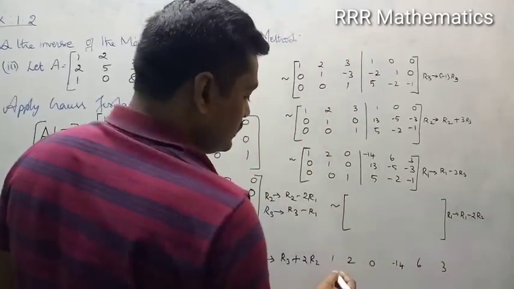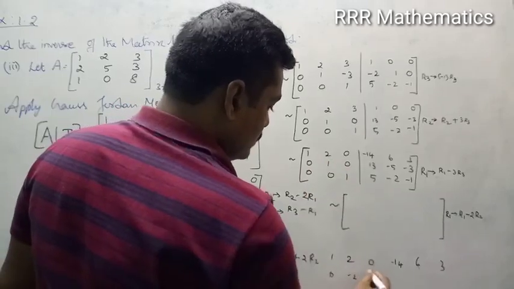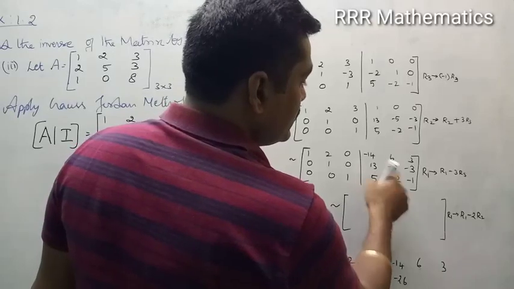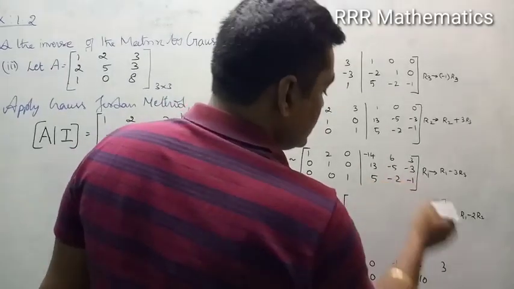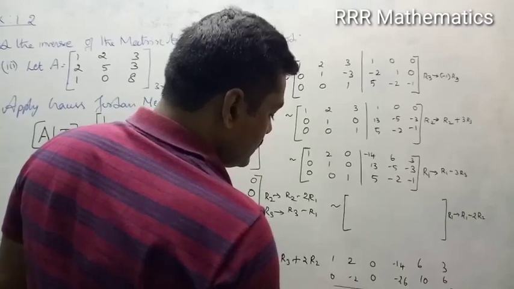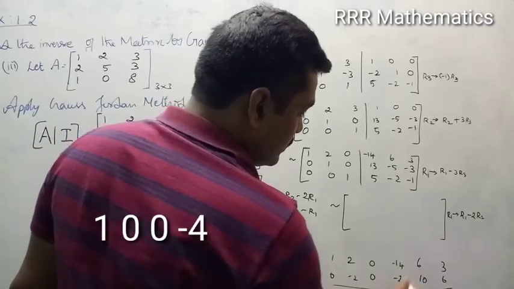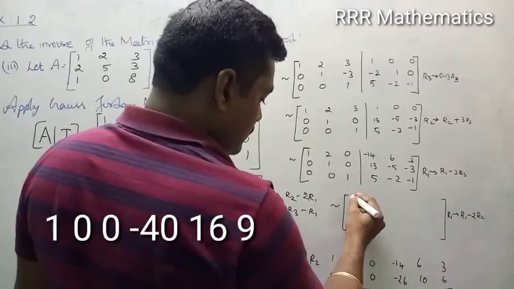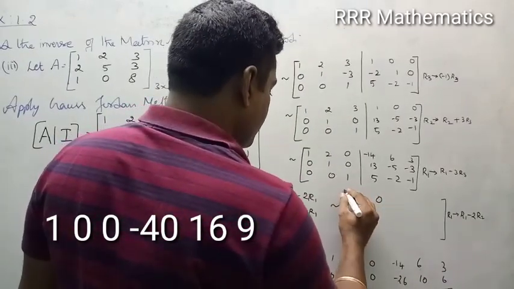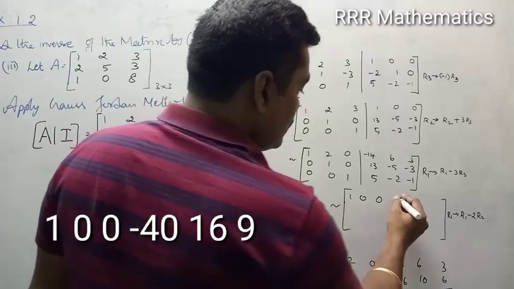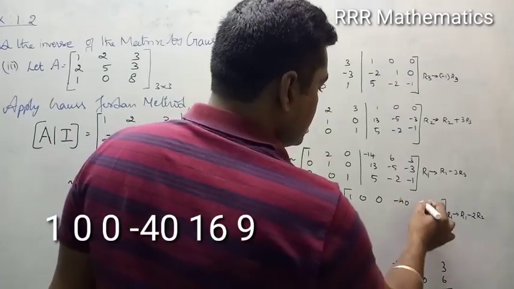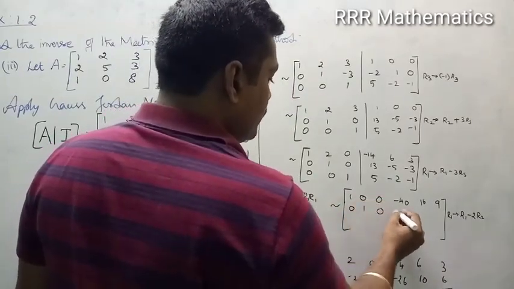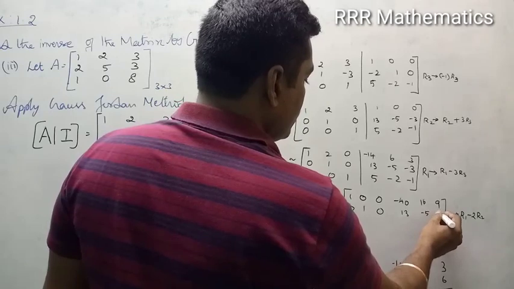Minus 2 times R2: 0, minus 2, 0, minus 2 into 13, minus 26, minus 2 into minus 5, plus 10, minus 2 into minus 3, plus 6. Simplify: 1, 0, 0, minus 40, 16, 9. Leave the second row and third row as they are.